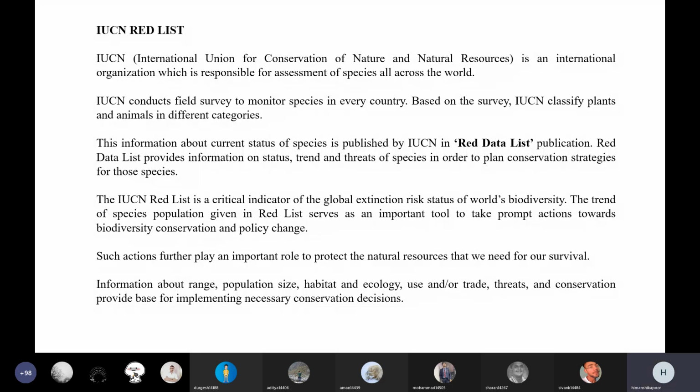So IUCN Red List, it is used by the governmental agencies, wildlife departments, then some of the NGOs, natural resource planners, educational organizations, students, and almost by everyone if we are working in relation to the biodiversity. So these days, the red list process has become a massive enterprise involving the IUCN Global Species Program.